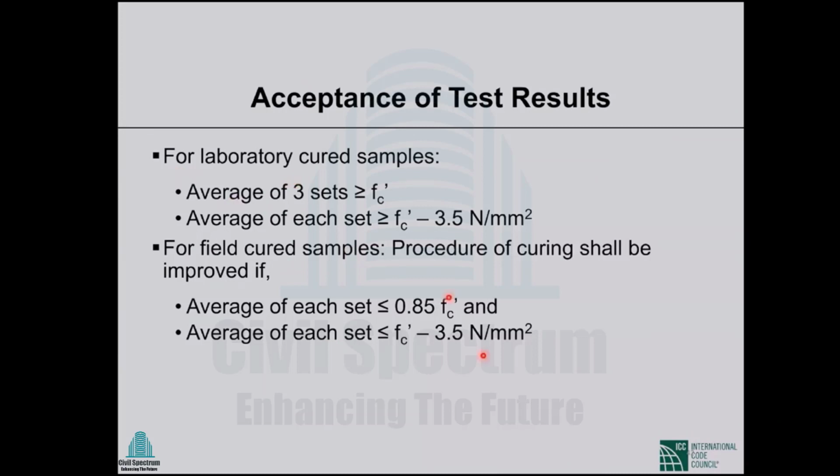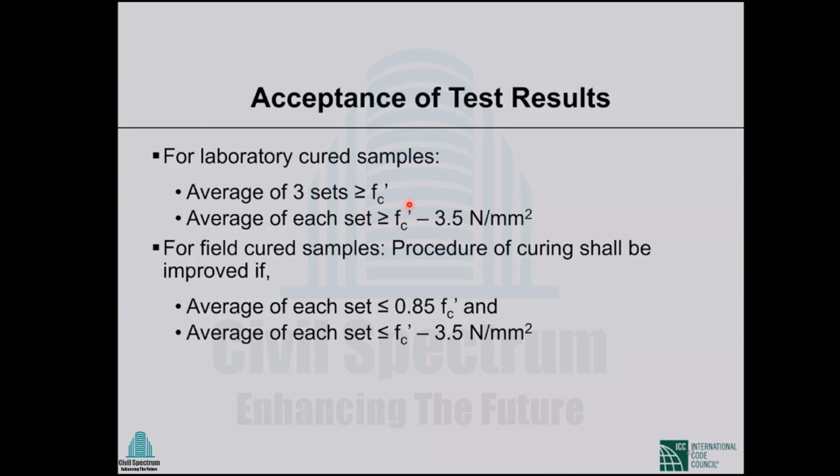And this is another quite frequently asked question: if the test result is less than the design strength, should we demolish the structure? What is the acceptance criteria? For samples which are cured in the lab, you collect the cylinder in the field and send it to the lab.